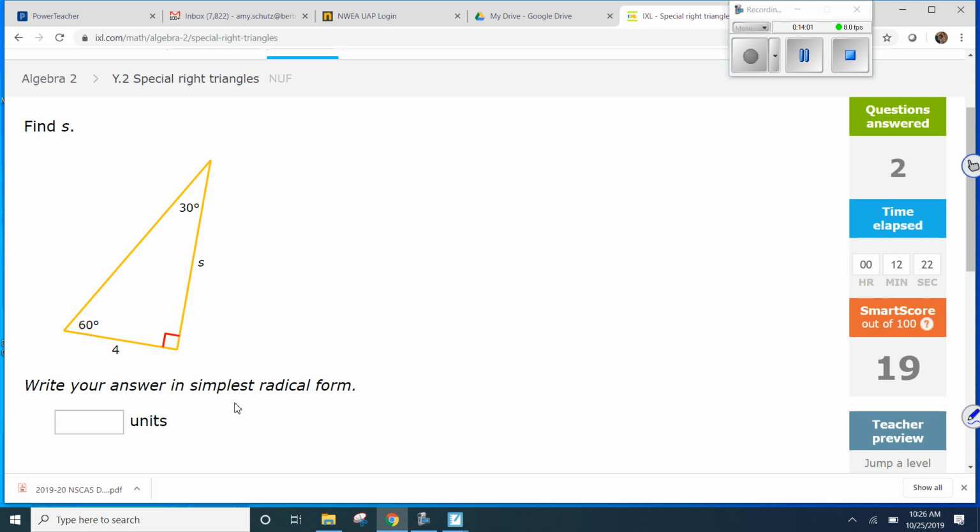If you use that 30, 60, 90 triangle again, if that's the method you choose, you are going to have n, where this is 30 degrees, and then the bottom is n radical 3, and the hypotenuse is 2n. They're telling you that n has a value of 4. So if you want to know what s is, this is the same position as s, so s would have a value of 4 radical 3.